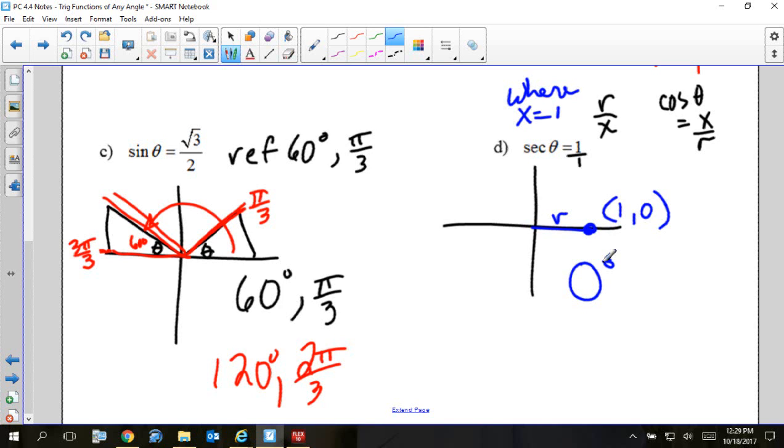What's wrong with 180? X is -1. And is this negative? No. So just 0. If you went all the way around again, it would be 360. If you went around again, it would be 720. You can go around as many times as you want, so we don't need to keep going. But 0 degrees as radians is 0. What about 360 as radians?